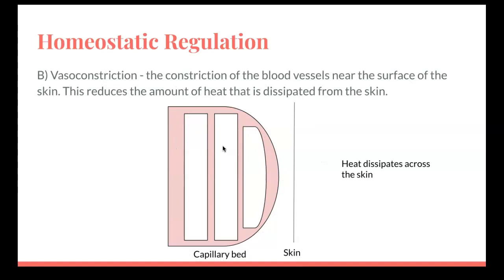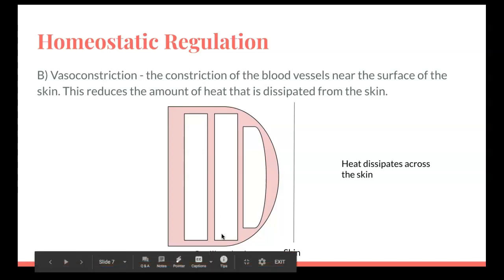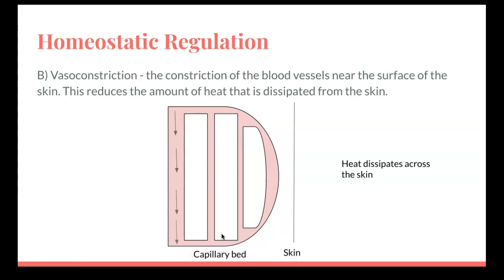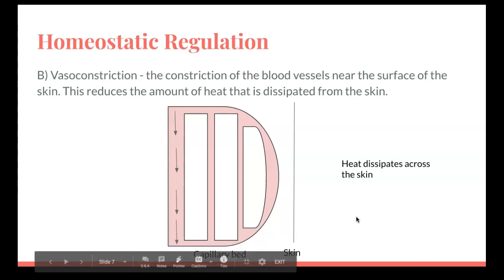So if I'm vasoconstricting, I'm getting my capillaries to be smaller. I'd be doing this if I was really cold. When I'm cold, I'm going to vasoconstrict and make my vessel smaller so that blood basically ignores the capillary bed that's close to the skin and stays within the core of my body, which then will conserve heat.